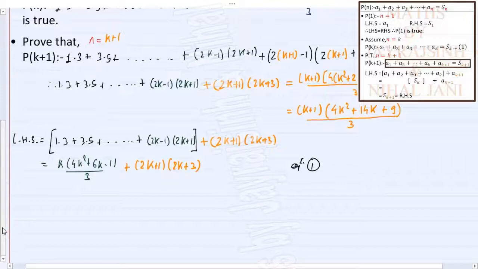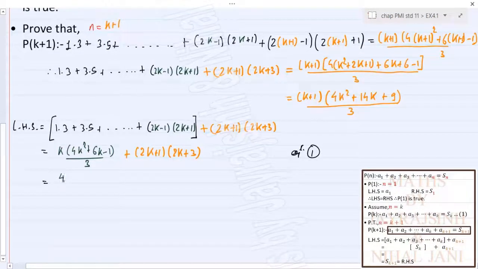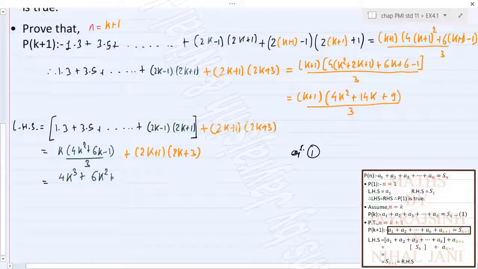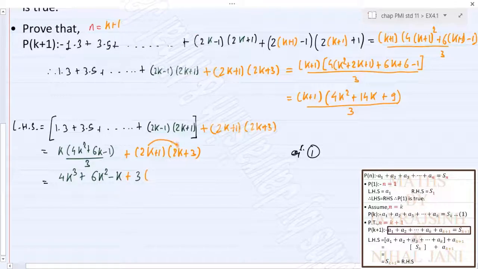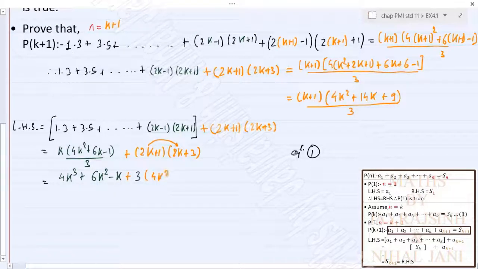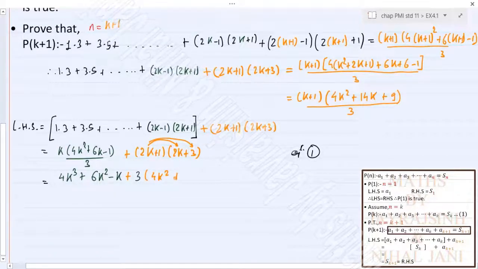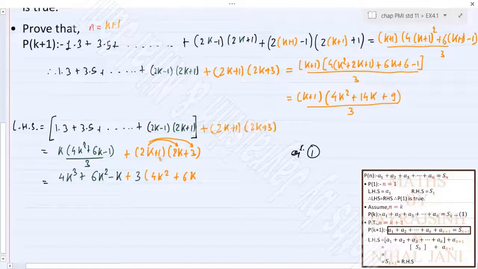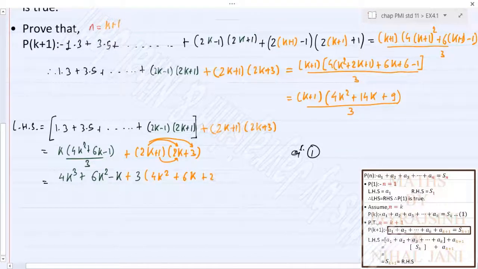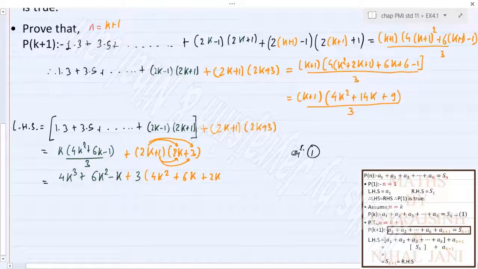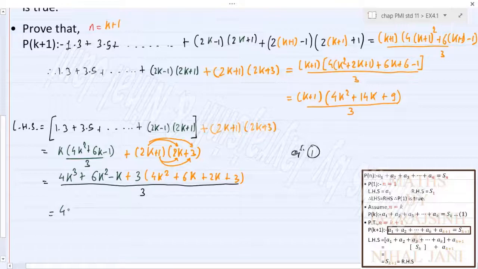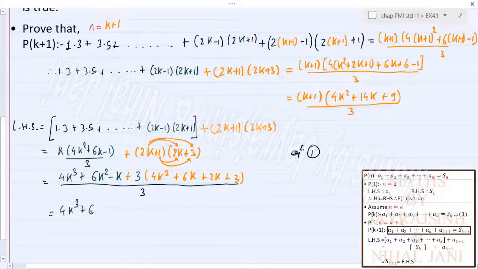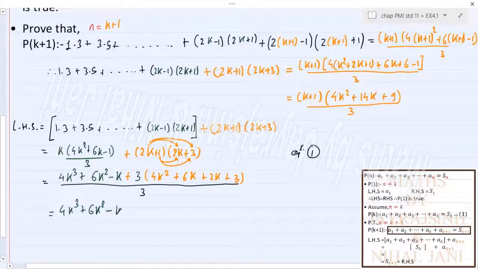Now let's simplify. K into 4k square will be 4k cube plus 6k square minus k, plus 3 into 2k: 2k into 2k is 4k square, 2k into 3 is 6k, 1 into 2k will be 2k, and 1 into 3 will be 3, whole divided by 3. 4k cube plus 6k square minus k will be as it is.